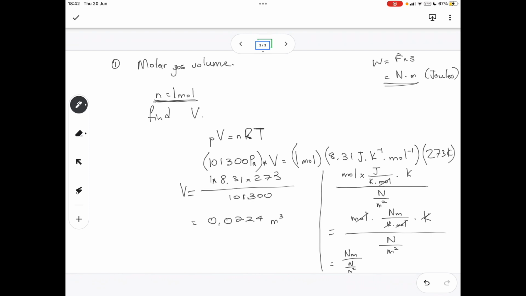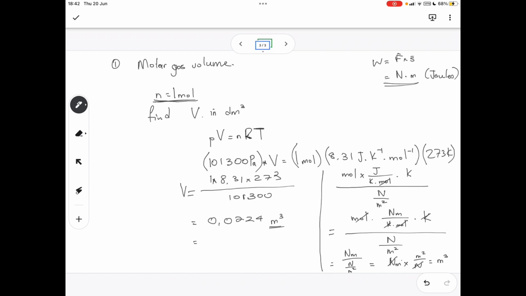And if we have a fraction being divided, where the denominator is a fraction, it's simply the numerator multiplied by the inverse of the denominator. And what happens is the newtons are multiplicative inverses and the m's multiply each other and we're left with cubic meters.